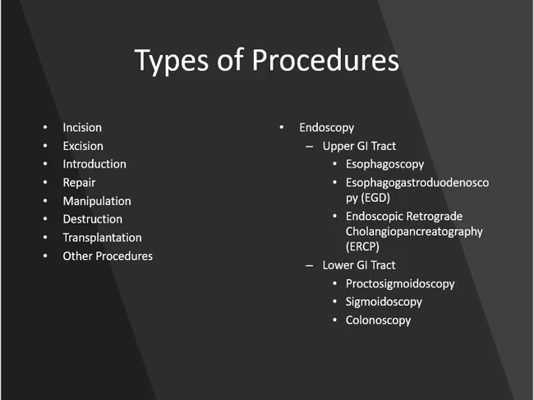Your upper GI tract is where you're going to see procedures such as esophagoscopy, esophagogastroduodenoscopy, endoscopic retrograde cholangiopancreatography. You also are going to see lower GI tract procedures such as your proctosigmoidoscopy, your sigmoidoscopy, and your colonoscopy. And we'll take a look at several of those procedures today.